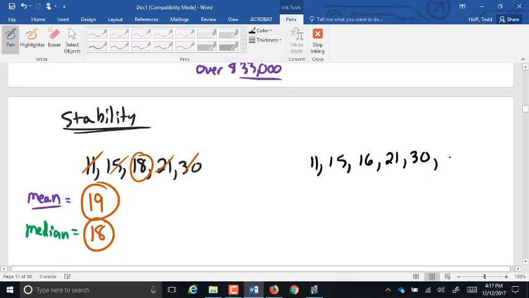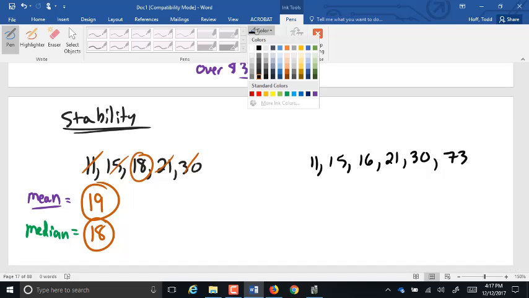Let's do the same 5 numbers, but I'm going to put 73 on there now. So there's 6 numbers.